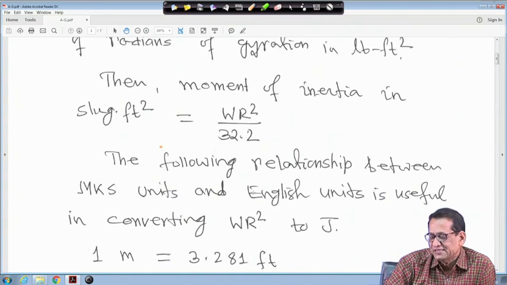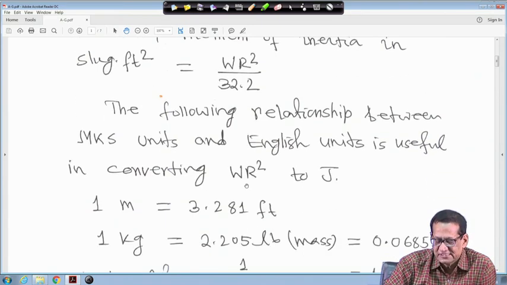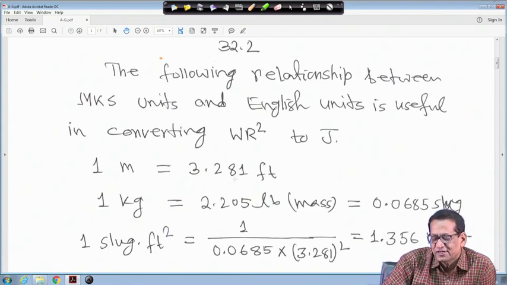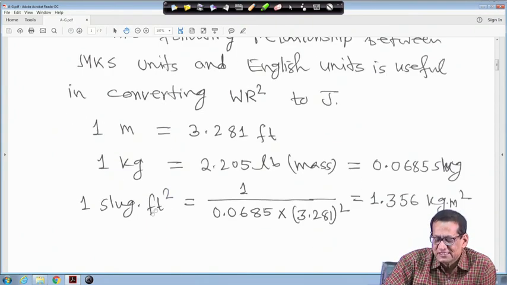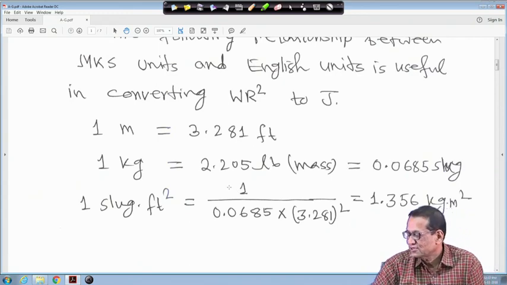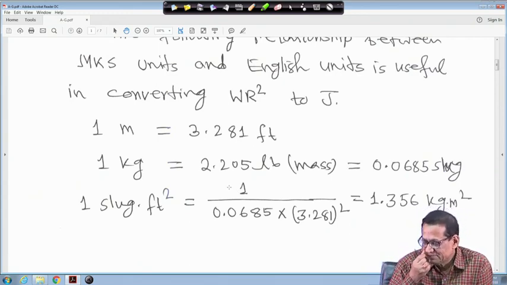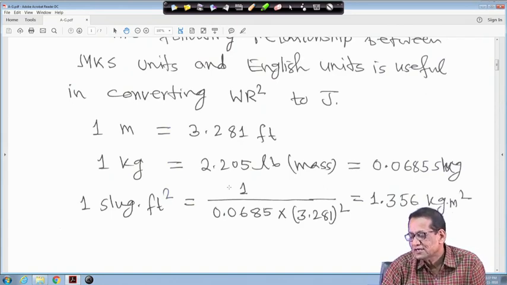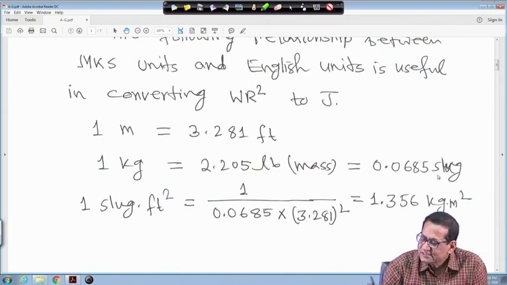The following relationship between MKS unit and English unit is useful in converting W r square to J, that is moment of inertia. For example, 1 meter is equal to 3.281 feet, and 1 kg is equal to 2.205 pound mass, that is equal to 0.0685 slug, sorry, not kg, this is actually slug.